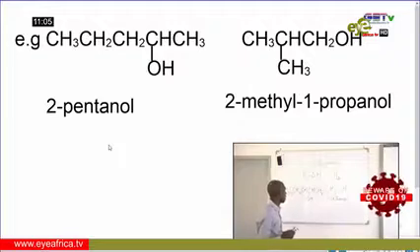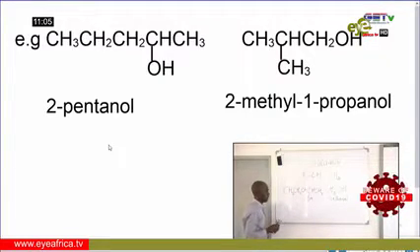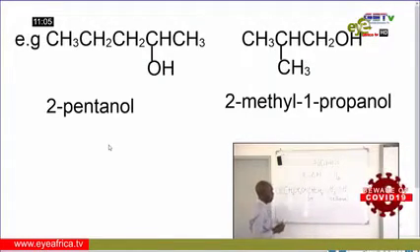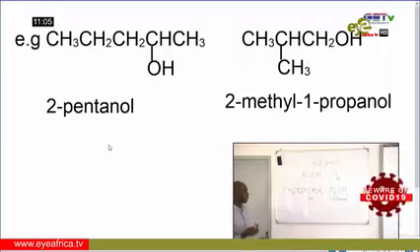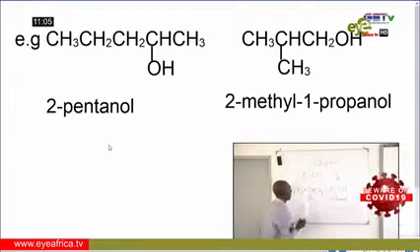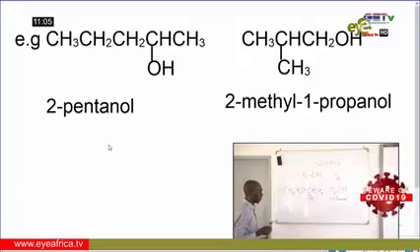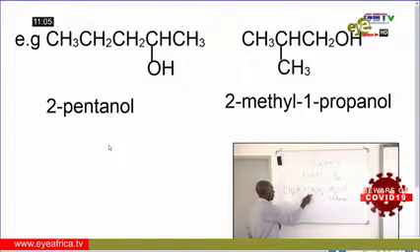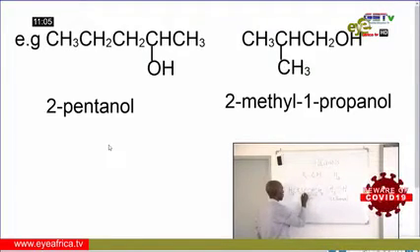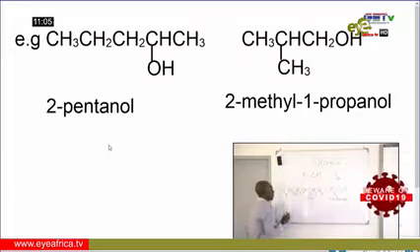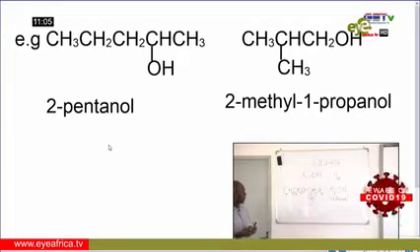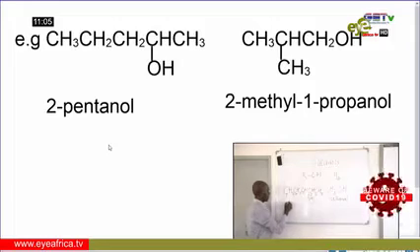And then we identify the position of the functional group. And the functional group here is the hydroxyl group. And looking at this compound, we have 1, 2, 3, 4, 5 carbons. Okay, so the parent name of this compound is pent, which is the prefix for 5.